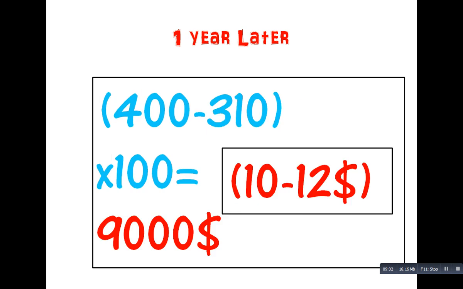Let's go ahead. Now 1 year later, as you invested with option 2, the call option or long term option investment, your profit is now different.